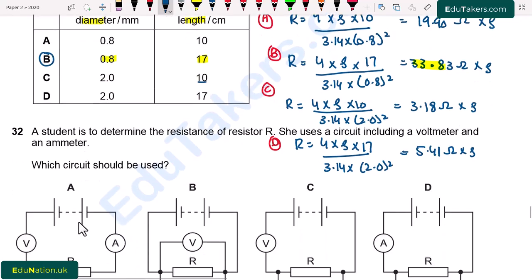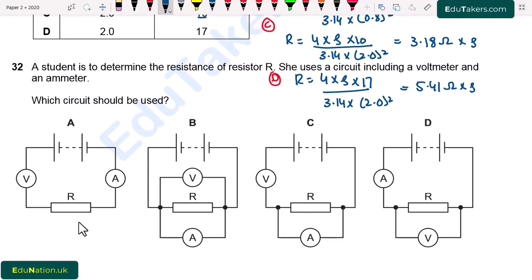Question number 32. A student is to determine the resistance of resistor R. She uses a circuit including a voltmeter and an ammeter. Which circuit should be used? So which one of the circuits should be used in order to calculate resistance?